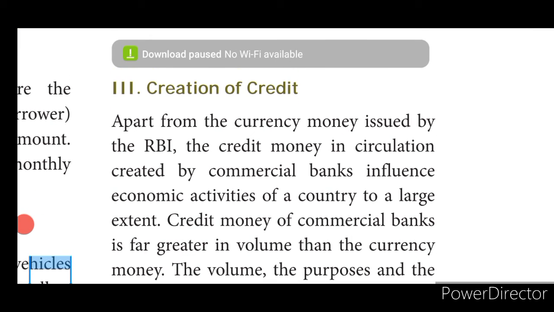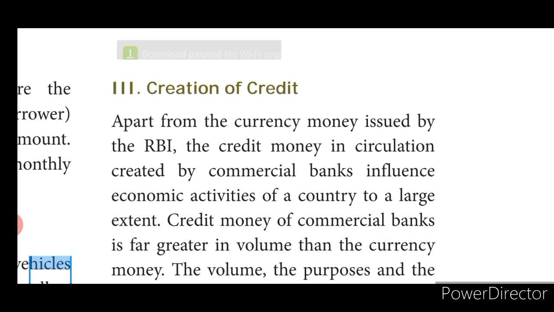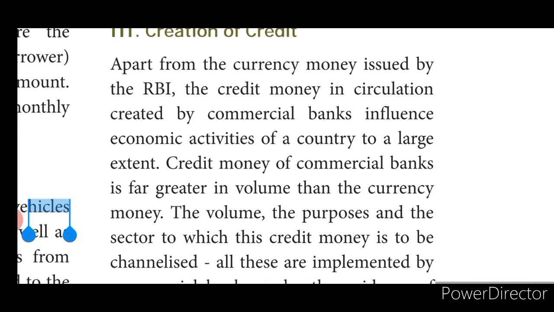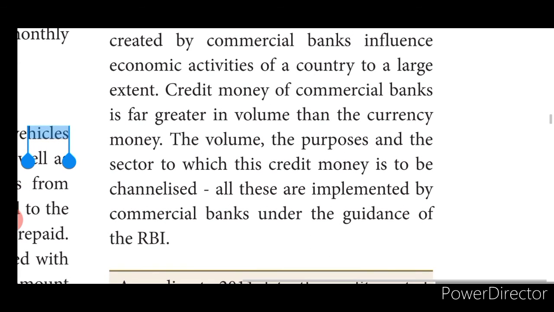Apart from the currency money issued by the RBI, the credit money in circulation created by the commercial banks influences the economic activity of a country to a large extent. Credit money of commercial banks is far greater in volume than the currency money. The volume, the purposes and the sector to which this credit money is to be channelized are all implemented by commercial banks under the guidance of the RBI.